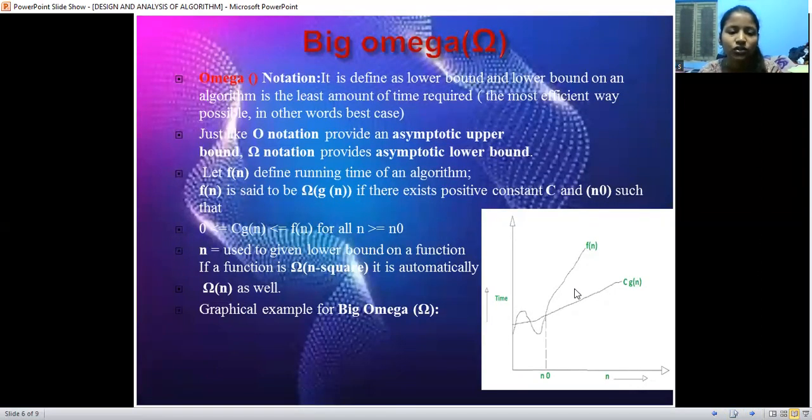It is used to give a lower bound on a function. If a function is omega of n square, it is automatically omega of n as well. This is a graphical example of big O and omega.